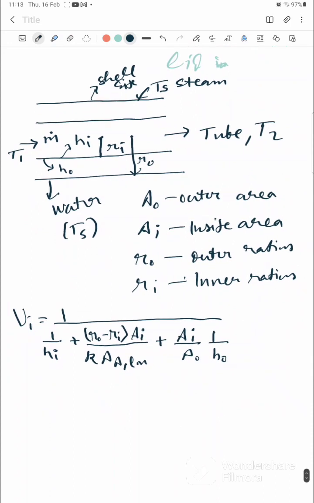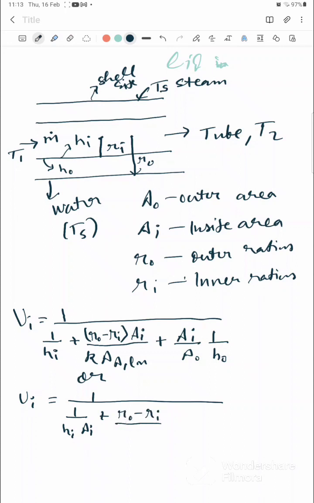This can be written in another form like Ui is equal to 1 by Hi Ai plus R naught minus Ri upon K A Lm plus 1 upon H naught A naught.